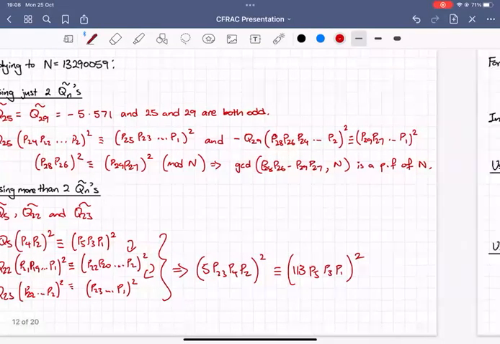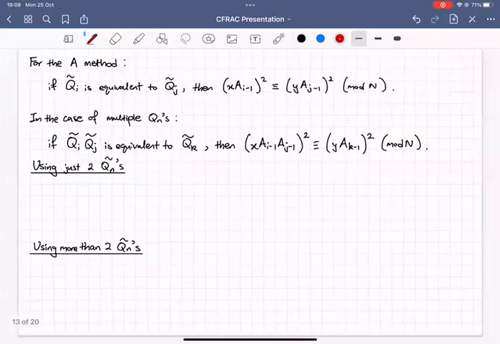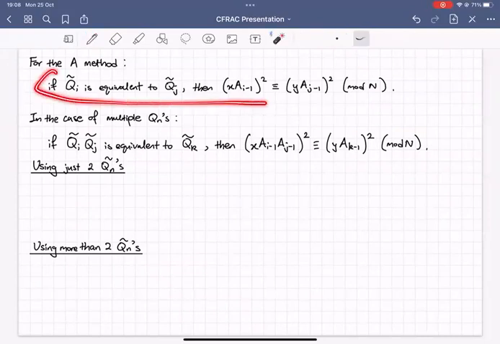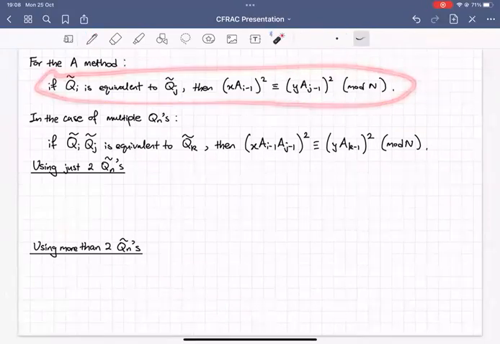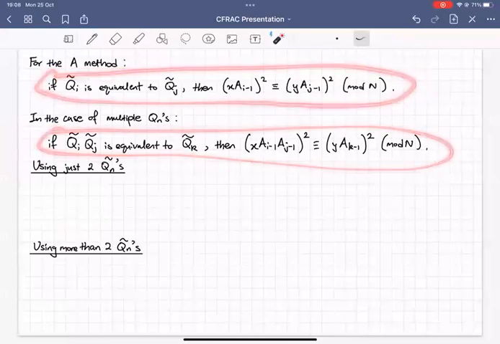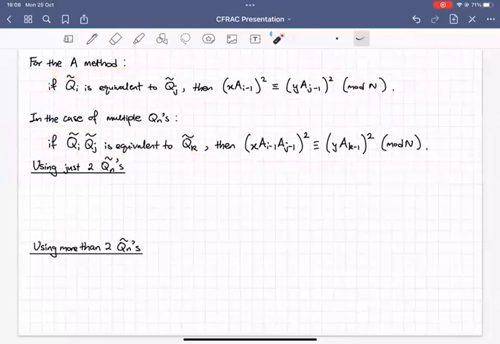Great. And now for the A method, the A method is, in my opinion, and I guess objectively, a much more efficient and quicker method than the P method. So if we want to use 2 QNs, also I have here, so this is for 2 QNs and this is for multiple QNs, more than 2 QNs.